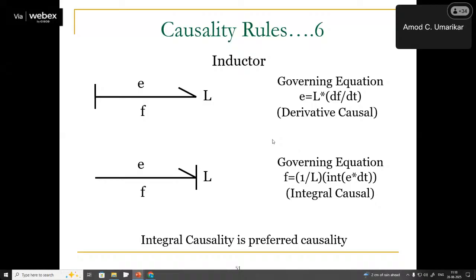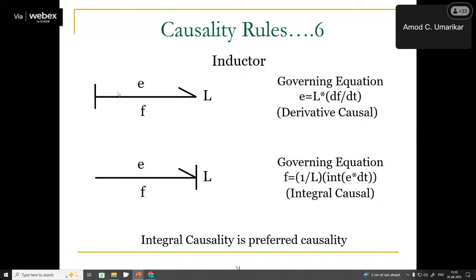Similarly, for the governing equation of an inductor, a linear inductor, where the property is linear, then it is a derivative causality, that is E equal to L di by dt or L dF by dt.